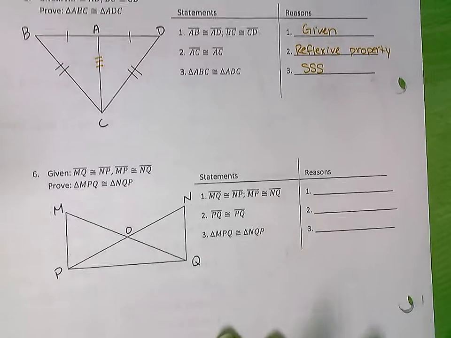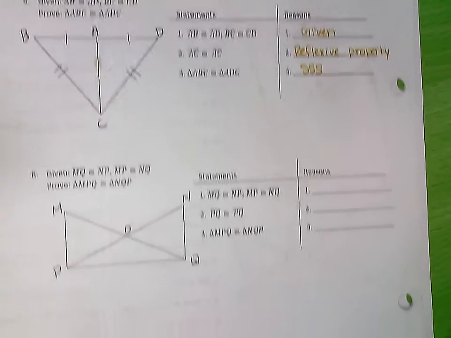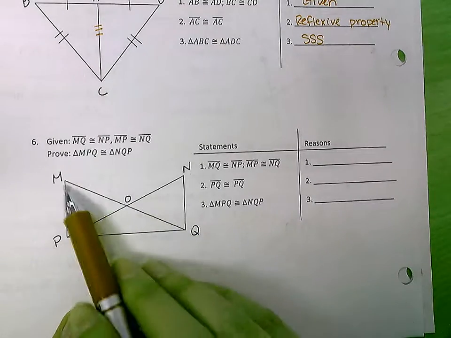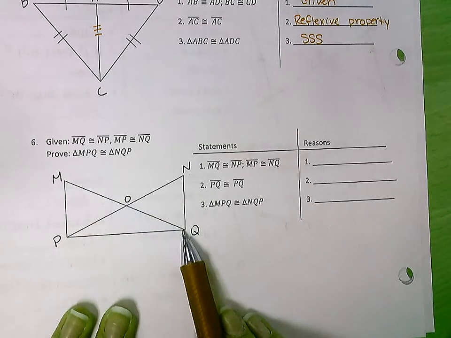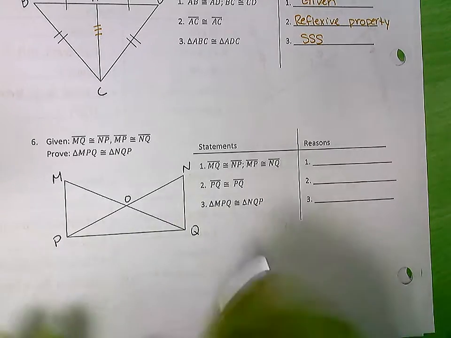So, number 6, we're going to start by labeling our picture. Let's focus, please. So we have MQ, this side right here, that entire side, congruent to side NP.